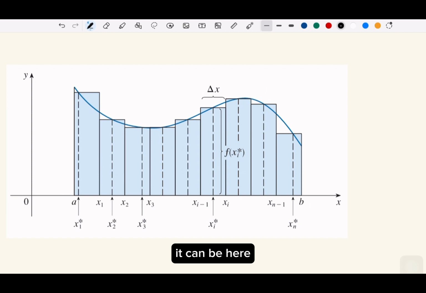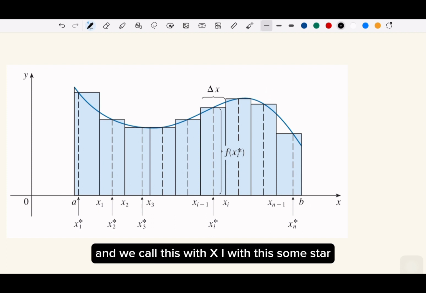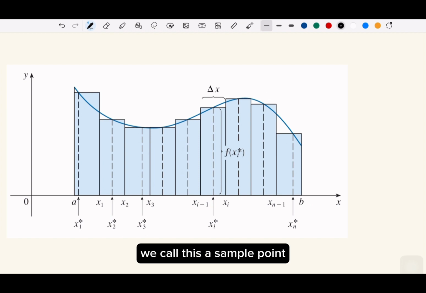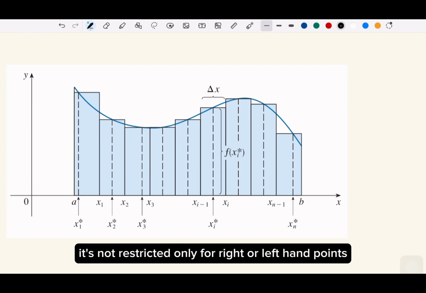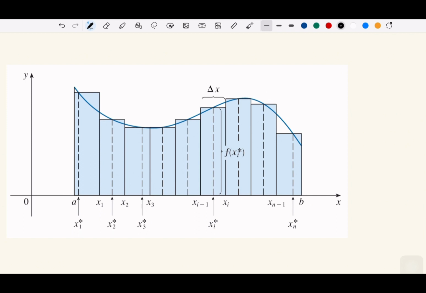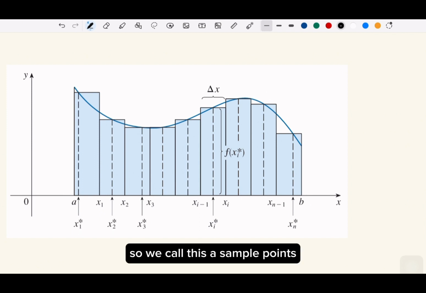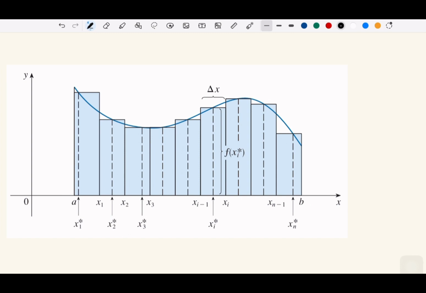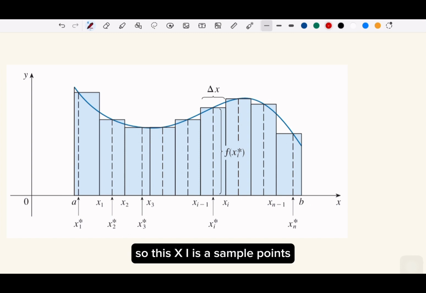It can be here, here, here, here, and we call this xi with this star. We call this a sample point. So it could be applied everywhere. So it's more general. It's not restricted only to right or left endpoints. It can be anywhere. So this xi star is a sample point.